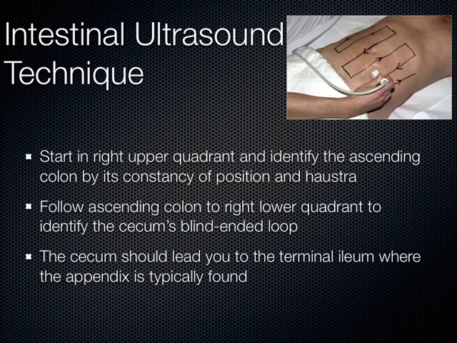What we do is this technique called mowing the lawn, where you start in the right upper quadrant and you can see sort of where the ascending colon is there. The ascending colon is always in the right upper quadrant. It's got haustra, and you guys have had this in anatomy now, I think, haustra versus the plicae circularis that you see with the small bowel. You can identify that sometimes on ultrasound when it's filled with fluid.